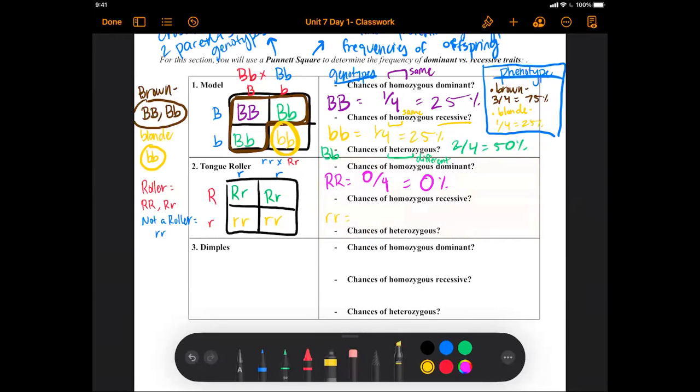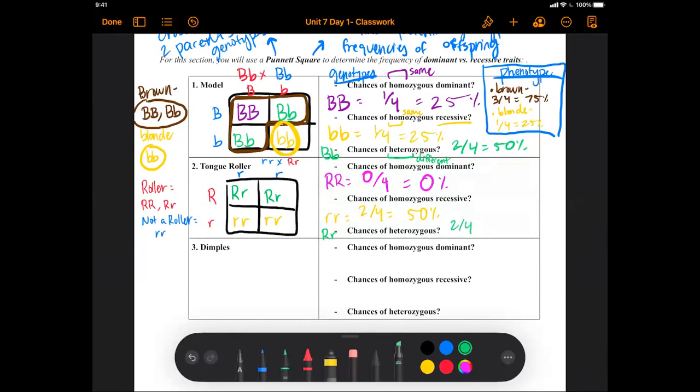All right, so Maya, what is the chance of the child inheriting a homozygous recessive trait for tongue rolling? 2 out of 4, and I say that because there are 2 of the double lowercase r's. Perfect, and let's see, who have I not called on? Karen, what are the chances of heterozygous? 50%.